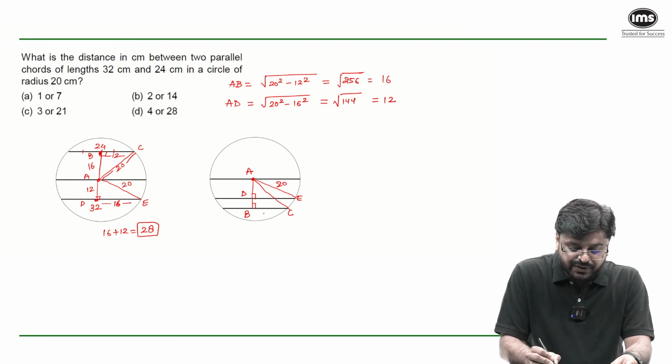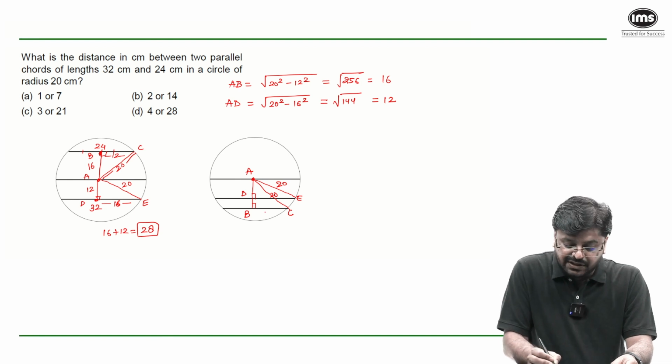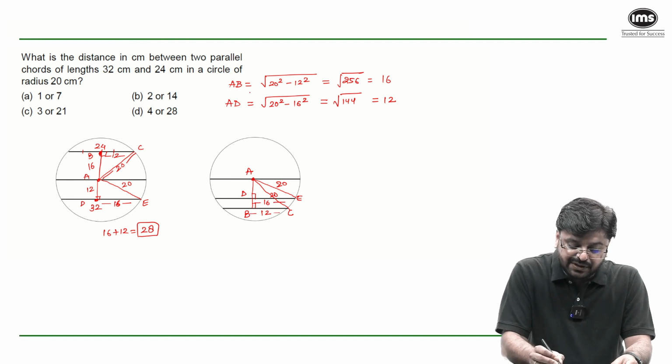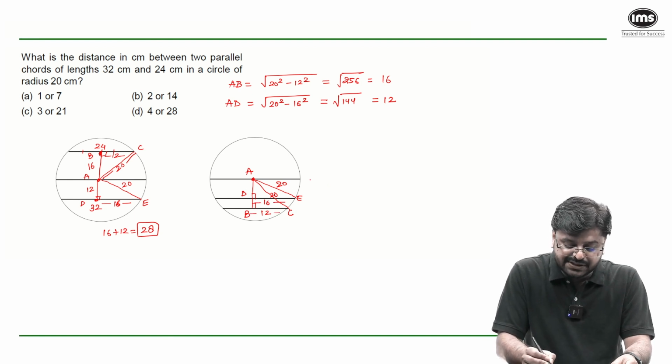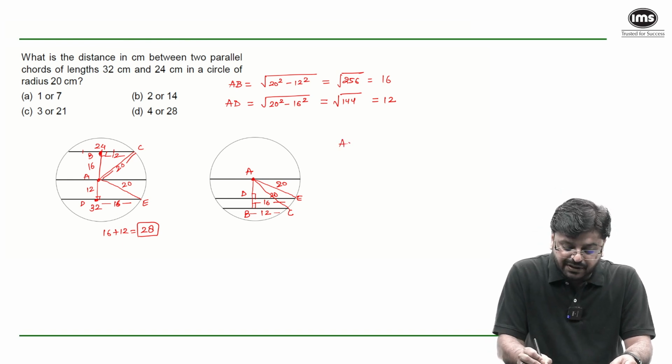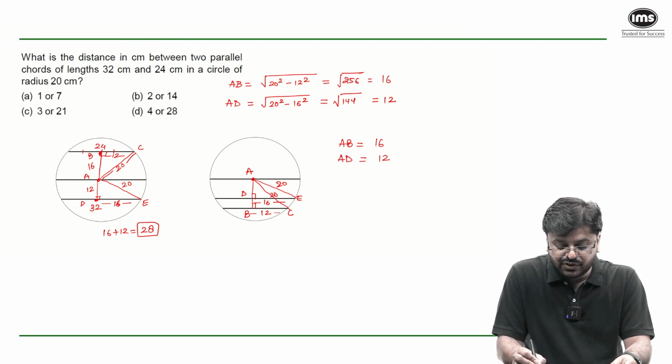So these are 20, 20, given to you, the radius of the circle. Now, BC was 12, DE was 16, and we just calculated that AB here is 16 using the same Pythagoras. So AB here is 16 and AD is 12.